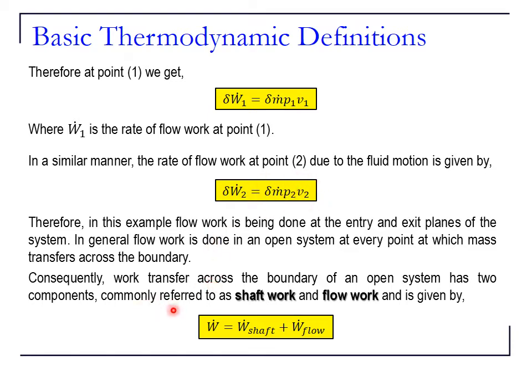Now, as I explained earlier, for an open system, the total work is the sum of the shaft work plus the flow work. So this is how I'm going to write the flow work: it is equal to m dot times P times v.